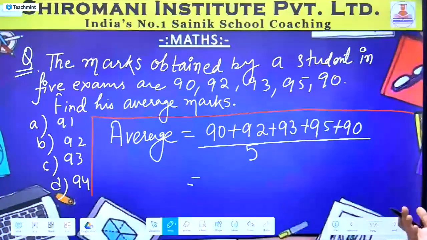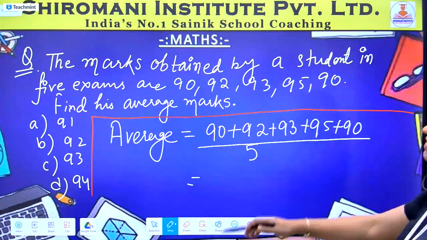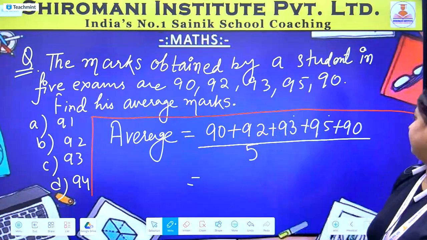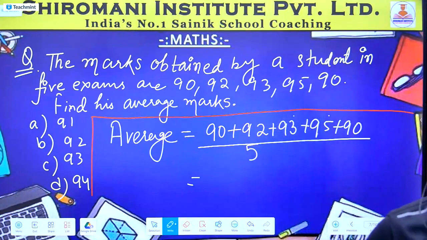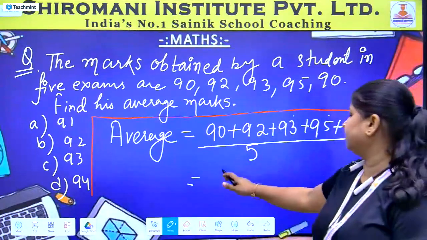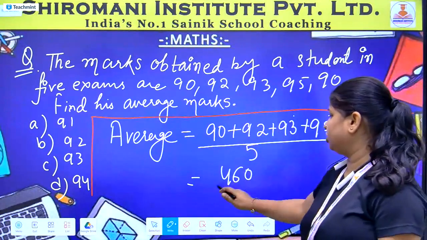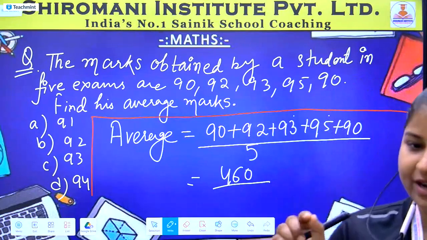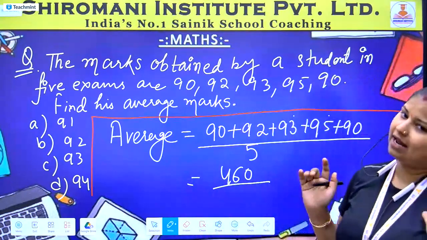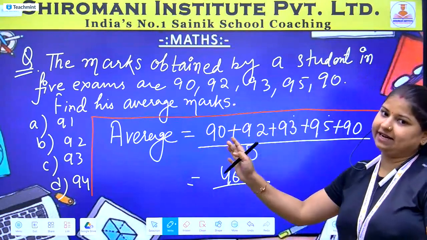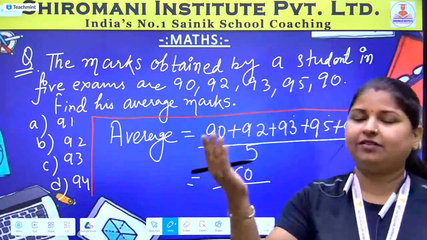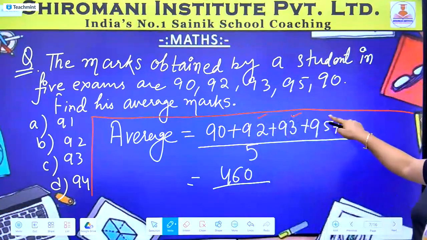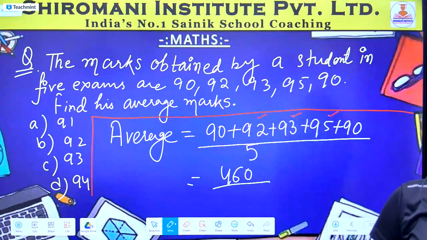Right? Easy way how you can add. 90 you have 5 times, so 450. And then 2, 3 and 5, so 10. 450 plus 10 is 460. Easy calculation. If I count like 90 plus 92 plus 93, it will take time. But shortly I can calculate 5 times 90, 9 into 5 is 45, 450 plus 2, 3, 5, 10, so 460.